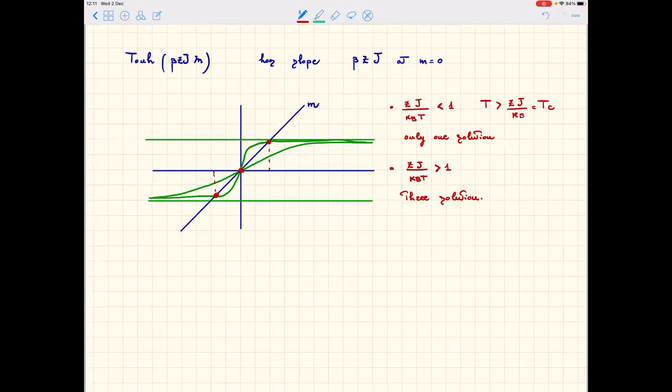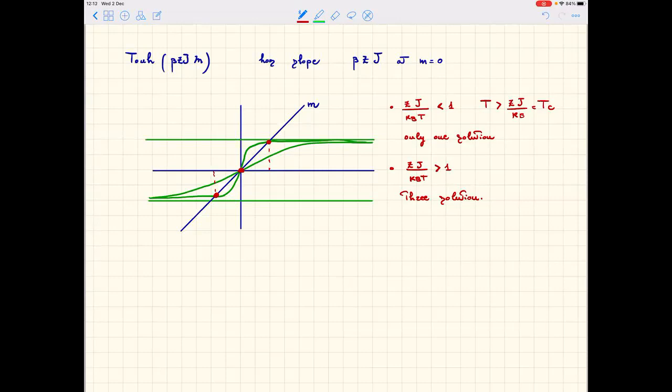It should be between m plus and m minus. Well, it's a minimum of what? The second derivative of the free energy. Okay, the second derivative of the free energy should be positive. In other words, it should be a minimum of the free energy.